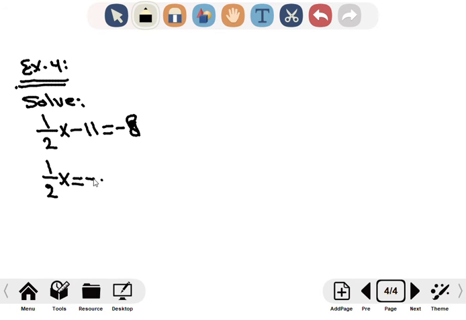It is negative 8 plus 11. Right? Half x means what? x over 2 equals negative 8 plus 11, which is 3. How do we solve this? I want x. What will I do? X is 6, by the way. How do we do it?